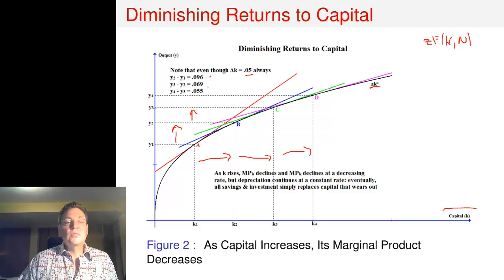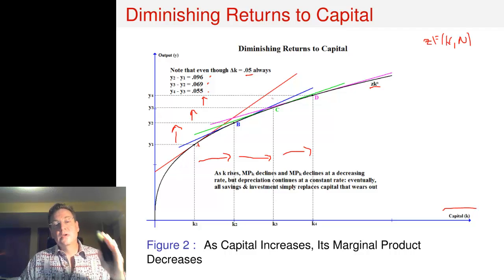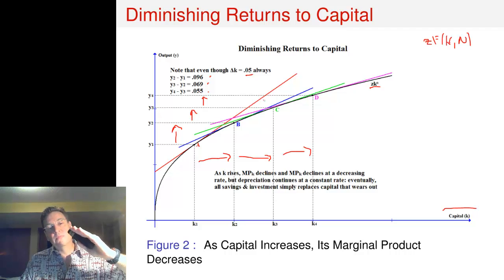Then in the next increment, it rises by 0.069. And in the third increment, it rises by 0.055. So what is going on here shows up in these tangent lines, which are just the marginal products of capital. And what you see is that as K increases, the marginal product of capital declines. So these tangents become flatter and flatter.